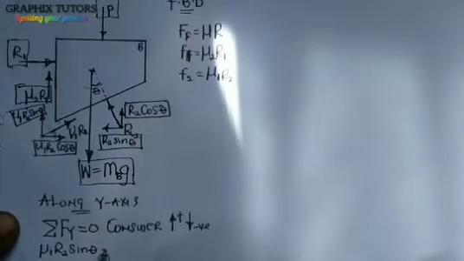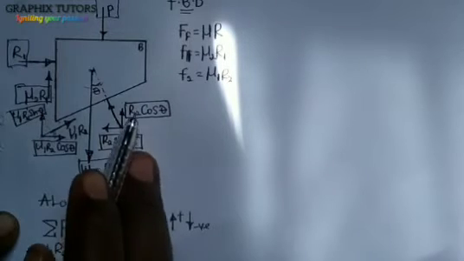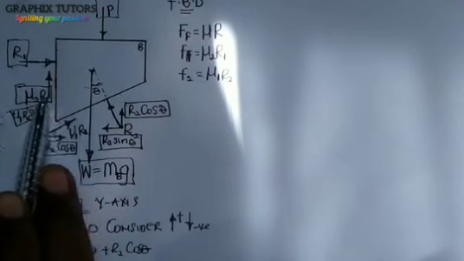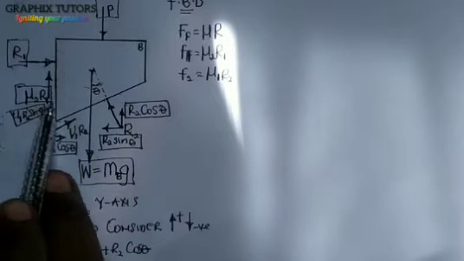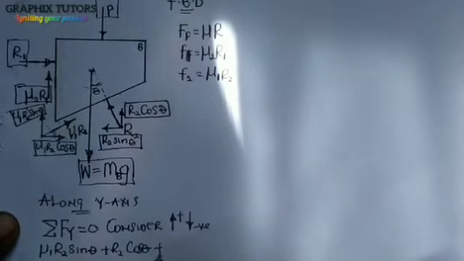We have plus R2 cos theta, that's cos theta, right? Facing up. Now what else again? This is also facing up, that is mu2 R1. So plus mu2 R1, right?